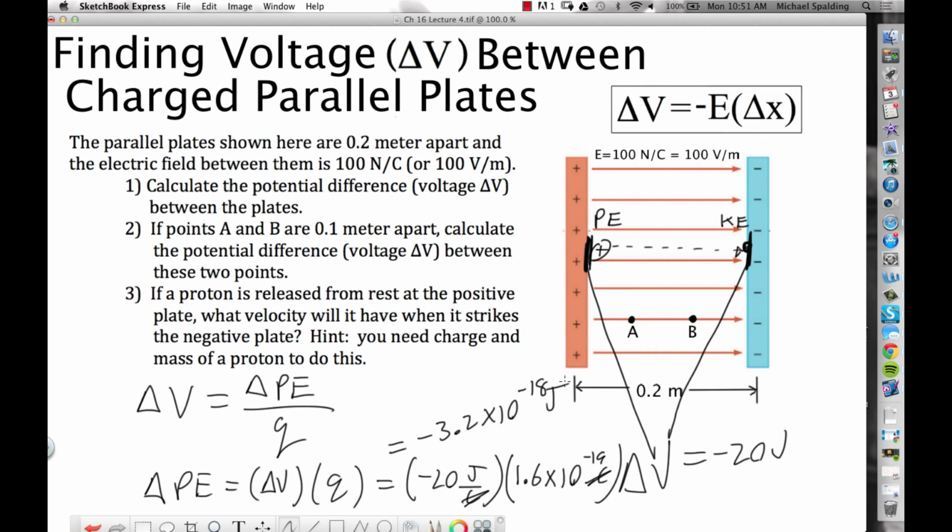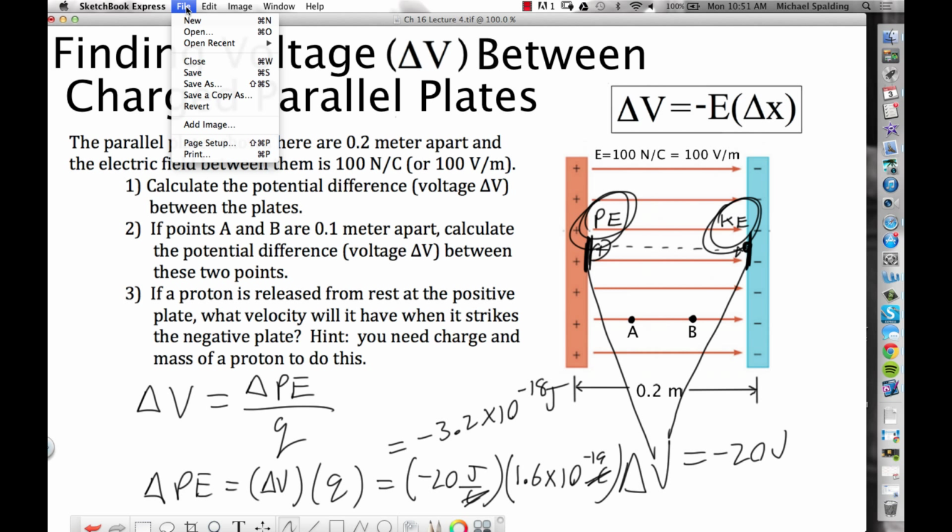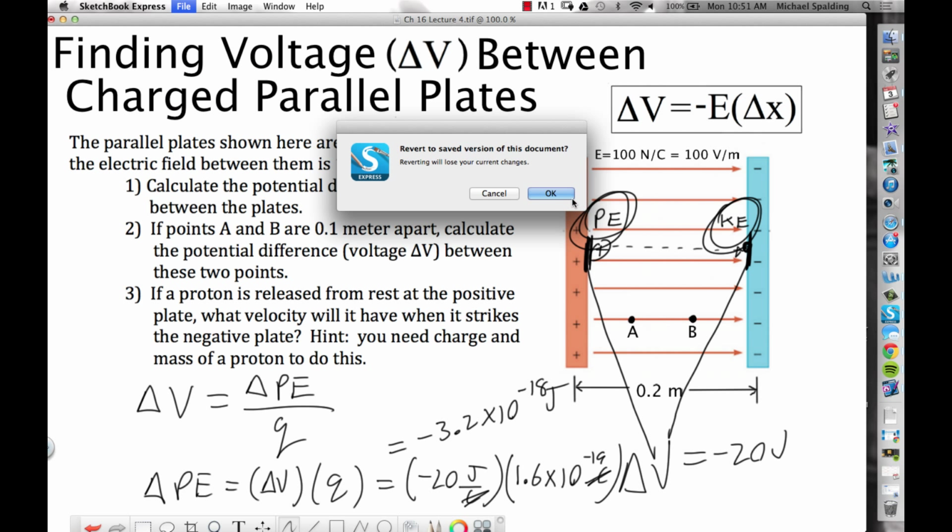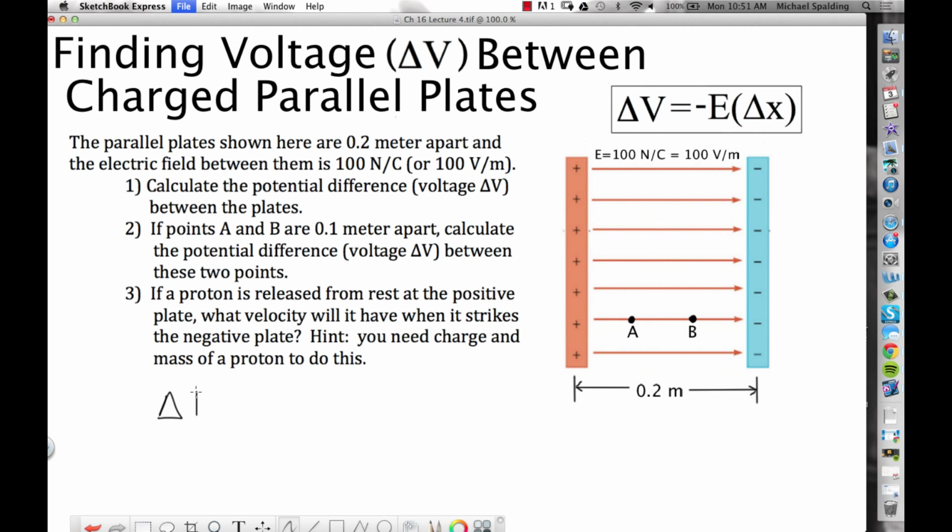Now, the loss of potential energy is equal to the gain of kinetic. Remember, this starting potential is equal to the ending kinetic, right? The loss of potential energy equals the gain of kinetic. So what's the change of kinetic energy of the proton as it moves from positive plate to negative plate?